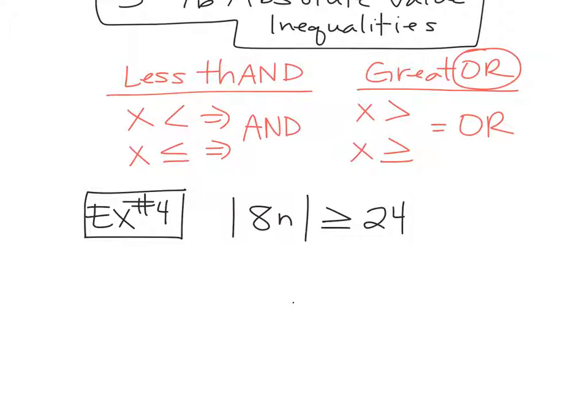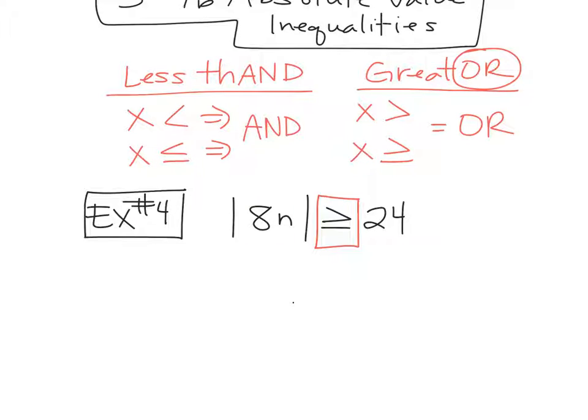We didn't have to do anything. It's just absolute value on the left, and our variable is on the left. So our symbol will tell us if it's an and or an or problem. Which is this going to be? Greater. It's greater than or equal to, right? So we say greater.